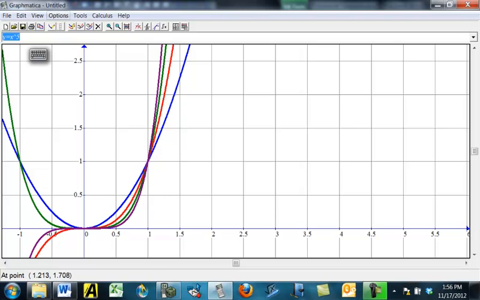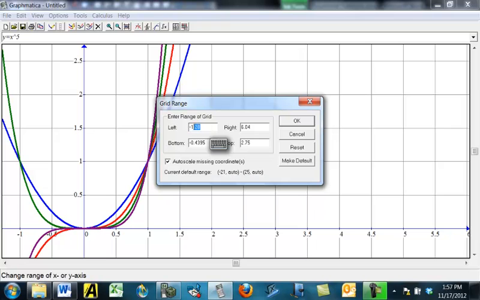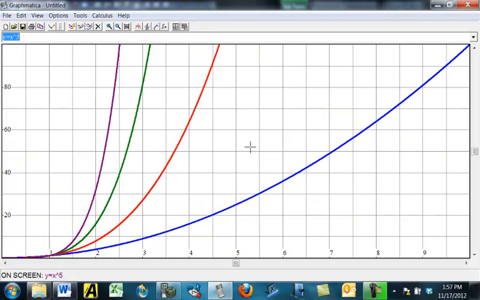Now I'm going to zoom out again. And I just need to look at the first quadrant. Let's go out to 10. But let's go 10 here. But let's go out 100 here. Okay? We can't really see them all up here.